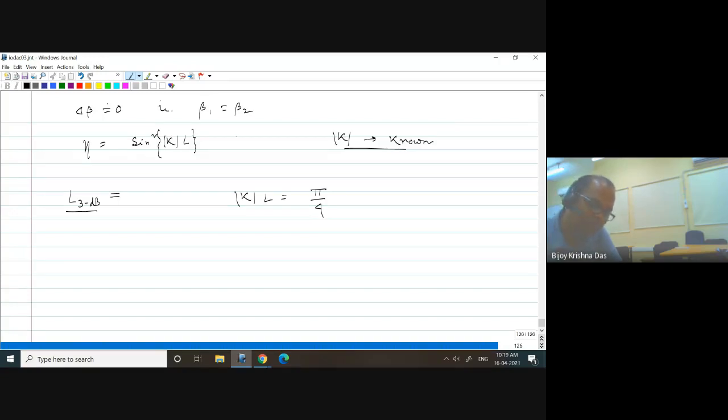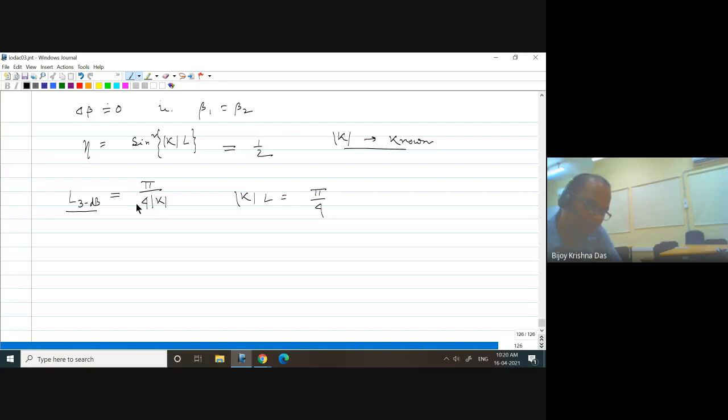Then eta will become half. So I can get L3dB equal to pi by 4 kappa. So for 3 dB power splitting, if I know the kappa value, you calculate it numerically, then you know the length required for 3 dB power splitting.